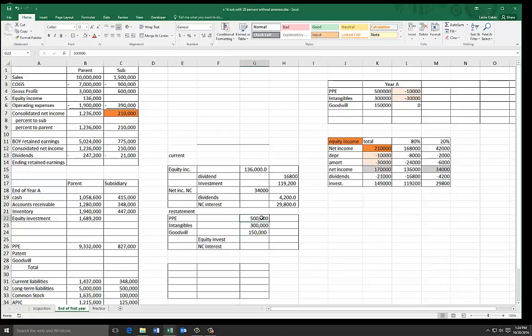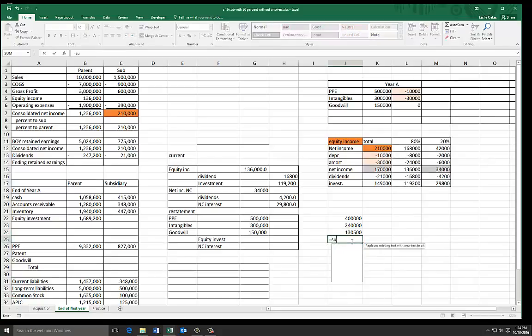Now the important thing to recognize is this is 80%, this is 80%, but we're only going to allocate 87% of the 150. So let's see, 0.8 times the 500,000, 0.8 times the 300,000, and then 0.87 times the goodwill.